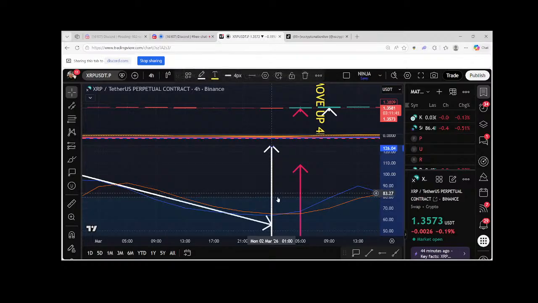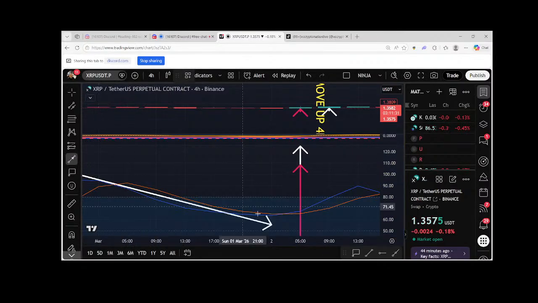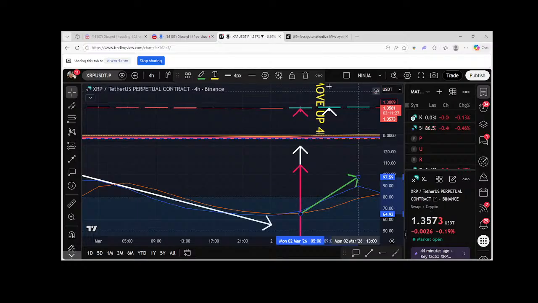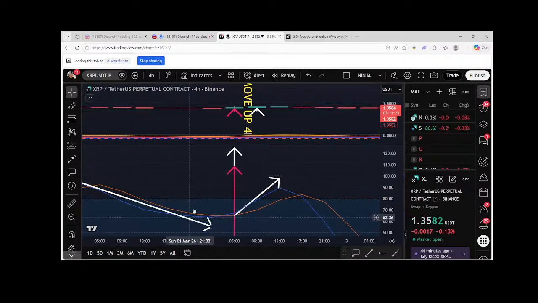You wouldn't see it right there because it's not up yet, but when it prints, it'll be right there. And that is the third move up for our 1, 2, 3 for our 4 hour, which happens right here. That's why we have these two candles here, because remember, it's the last move up.